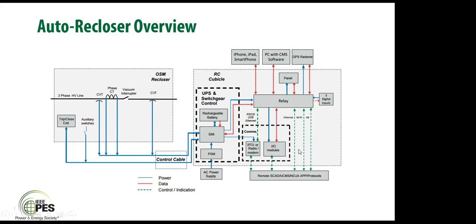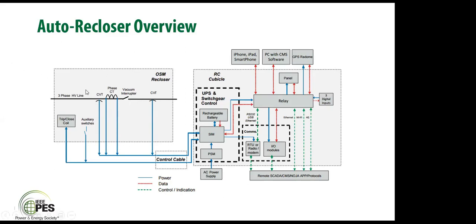After deciding, it sends a signal back to the SIM, and then the SIM, based on its capacitance discharge, activates the trip coil. Back on the left side of the diagram, it energizes the trip and close coil of the tank, and then it completes the interruption.